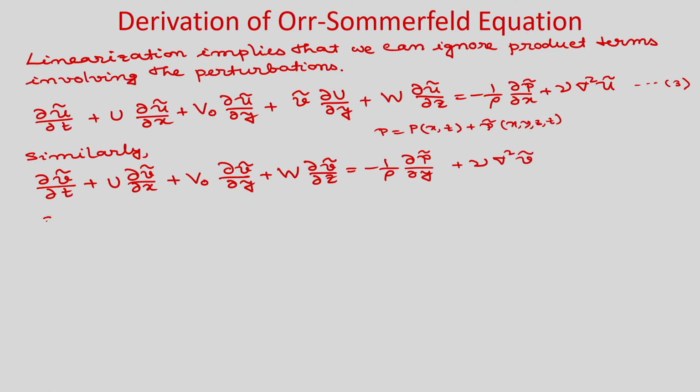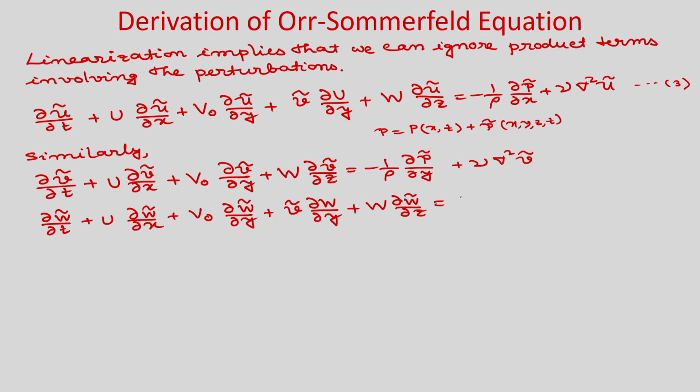So, similarly we can derive del w tilde by del t plus u del w tilde by del x plus v naught del w tilde by del y plus v tilde del w by del y plus w del w tilde by del z is equal to minus 1 by rho del p tilde by del z plus nu grad square w tilde.